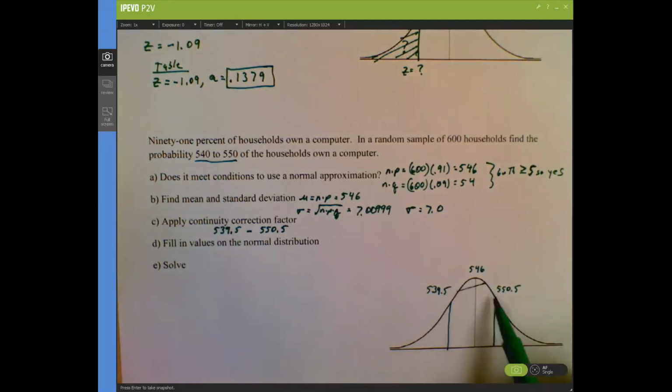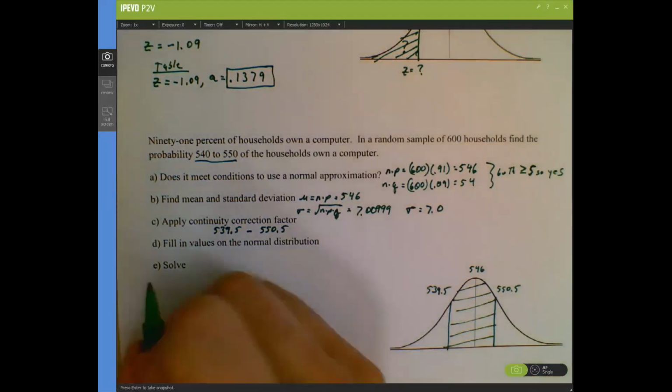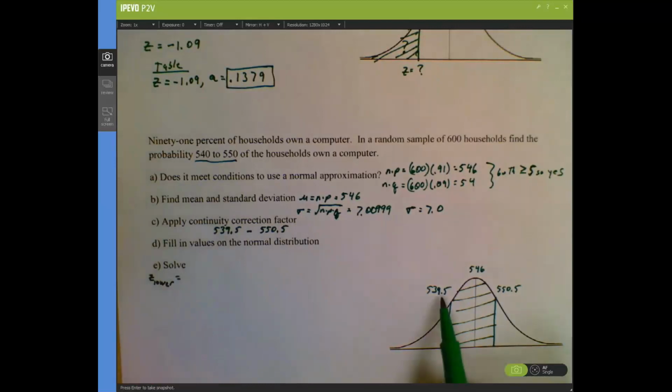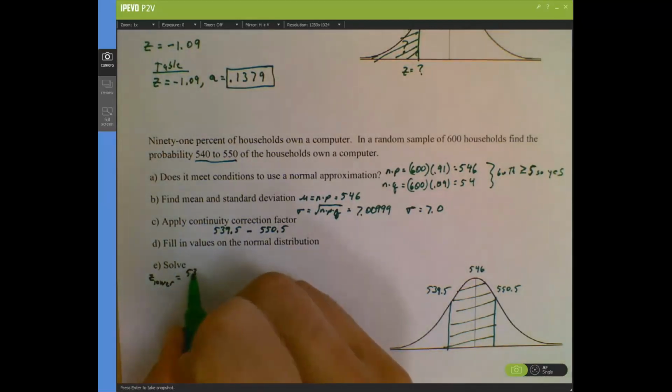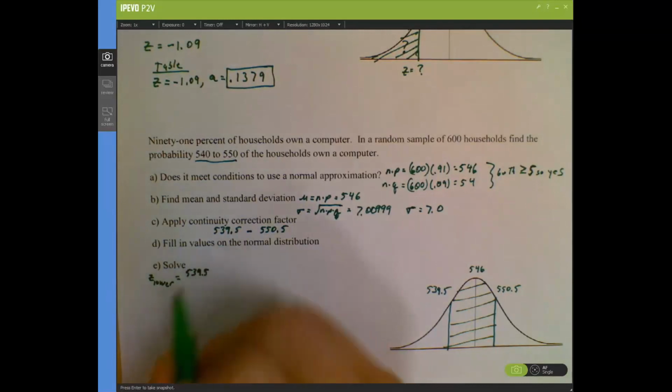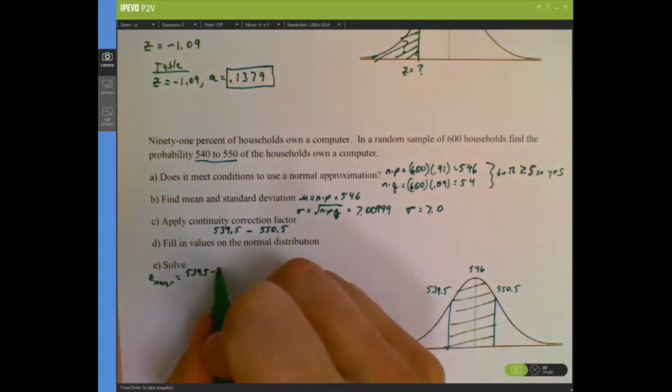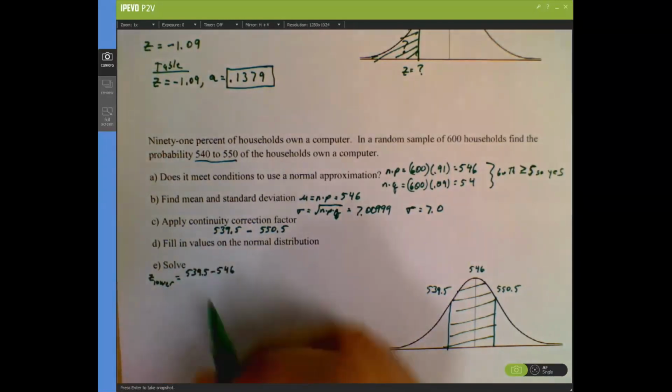We're looking for the probability between those, or the area between those. Okay. We're ready to solve this. We need the z-score. I'm going to write z lower to show the z-score for the lower boundary. You can always pause this and do it yourself and then check back in a minute.